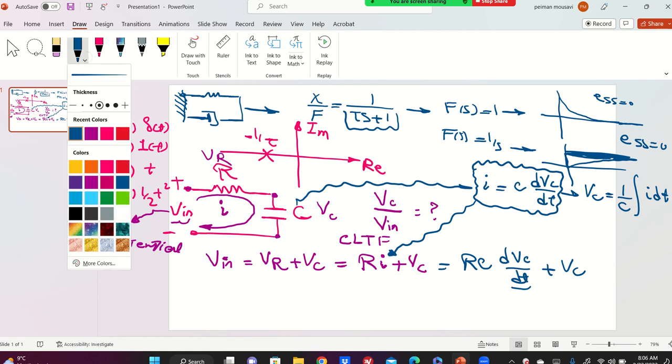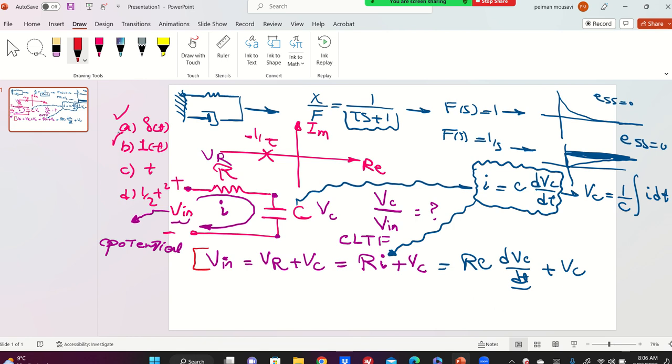So if I want to go to the frequency domain, what do I have to do? You tell me. Anyone? Yes, Laplace transform.